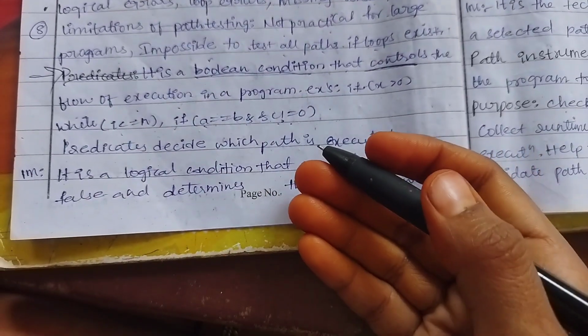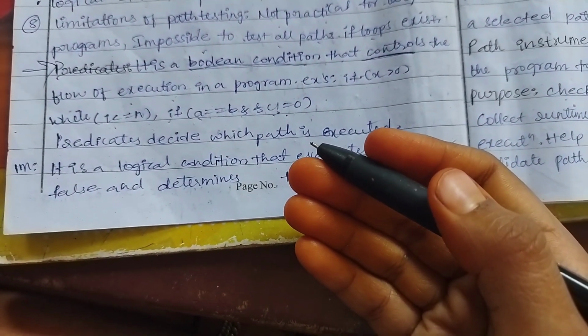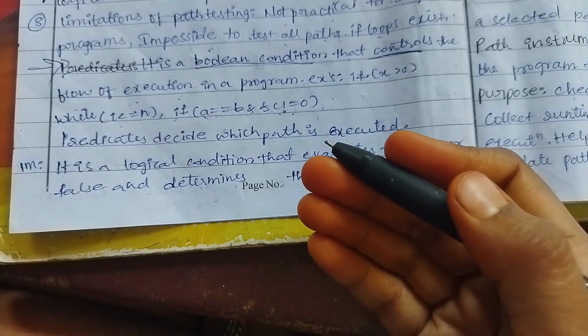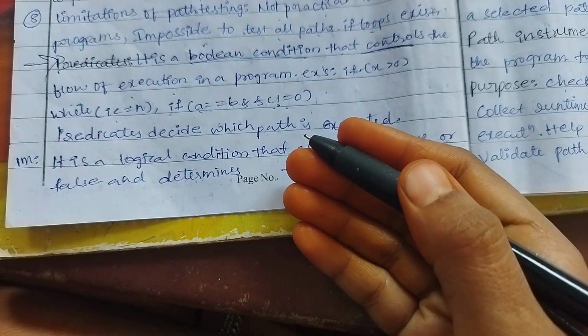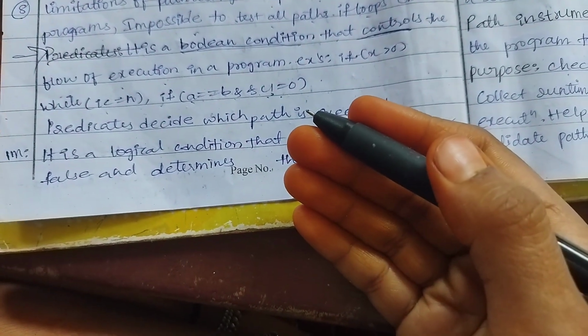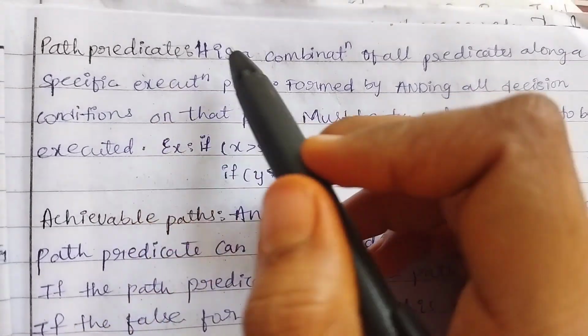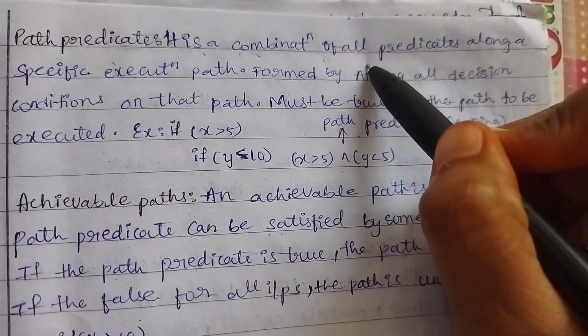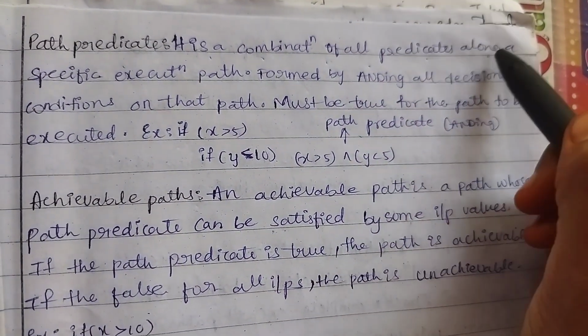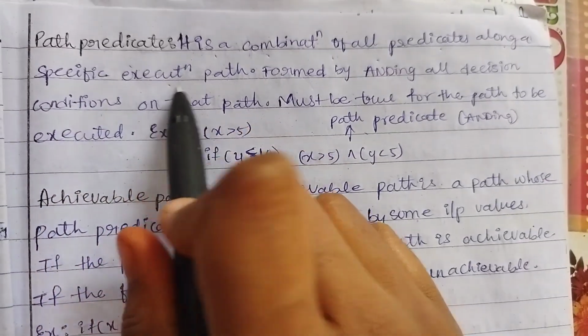We have some other path concepts like path predicate, achievable paths, path sensitization, and path instrumentation. A path predicate is a combination of all predicates along a specific execution path.